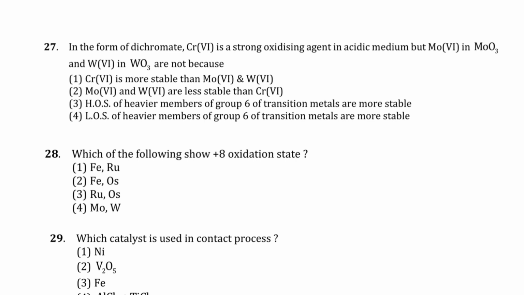In the form of dichromate, Cr plus 6 is an oxidizing agent in acidic medium, but molybdenum plus 6 in MoO3 and tungsten plus 6 in WO3 are not, because we know chromium plus 6, molybdenum plus 6, tungsten plus 6.